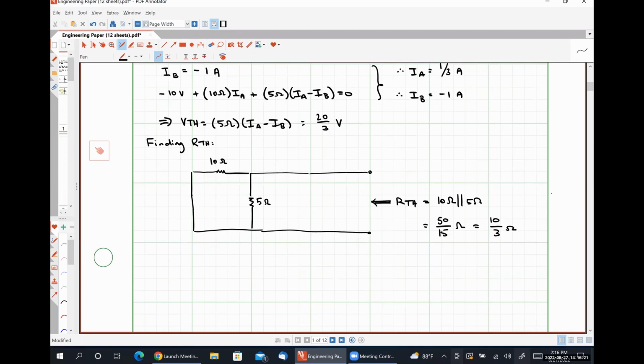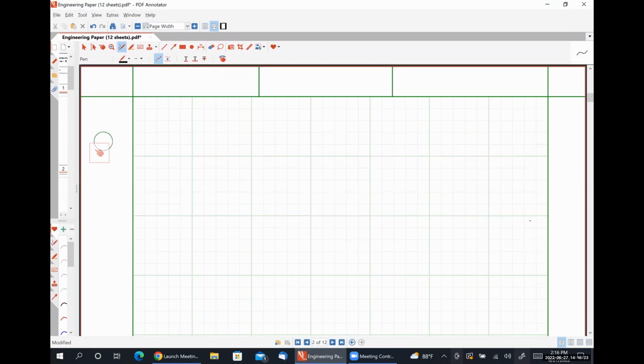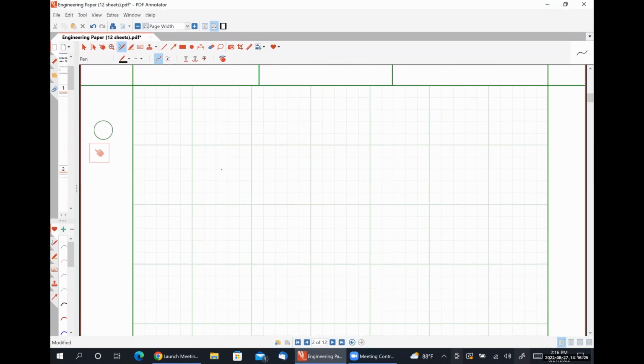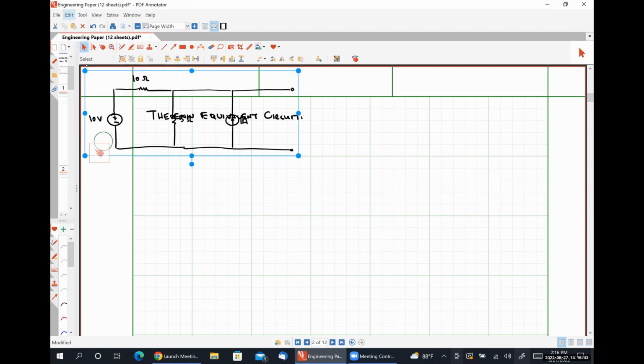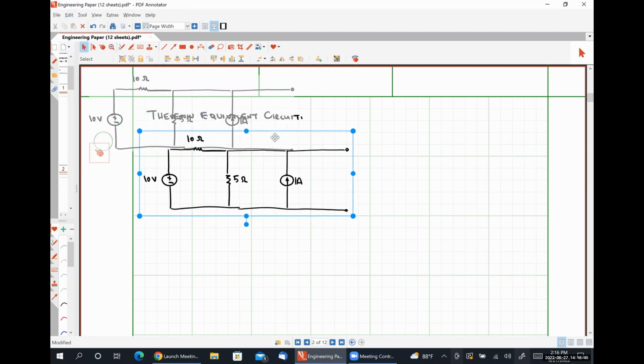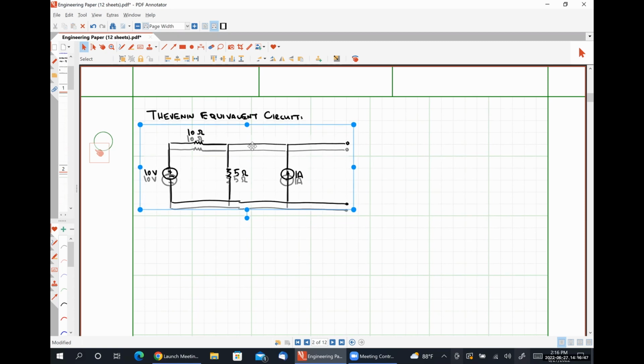So putting those two results together, our Thevenin equivalent circuit is this guy, right? So I'm just going to paste this guy here.